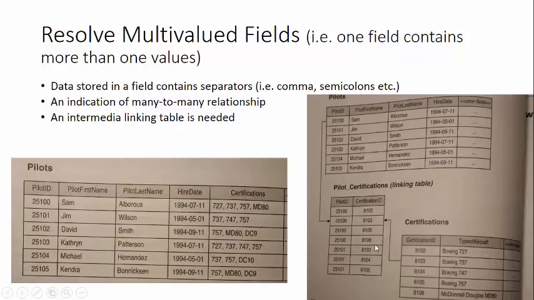By doing that, we can easily return the list of pilots who can fly, for example, 737. And we can return pilots who can fly both 737 and 757. So once we have the linking table, we can answer many more questions. So this is one example of bad design, where we have a field with multiple values, and this is a good design where multiple values are resolved by using an intermediate linking table.